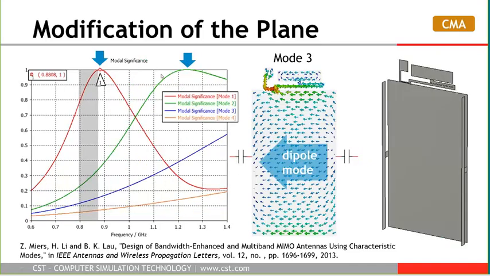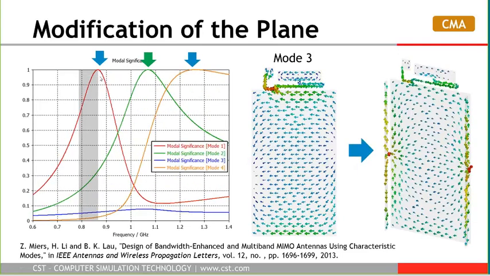So if I go back, you can see the curves here in the plot, and if I go forward, these curves do not change too much, but we have a new resonance which corresponds to the diversity mode, mode 3, and is denoted by the green curve in the graph. You can also see here on the right hand side the current distribution created by this capacitive loading.